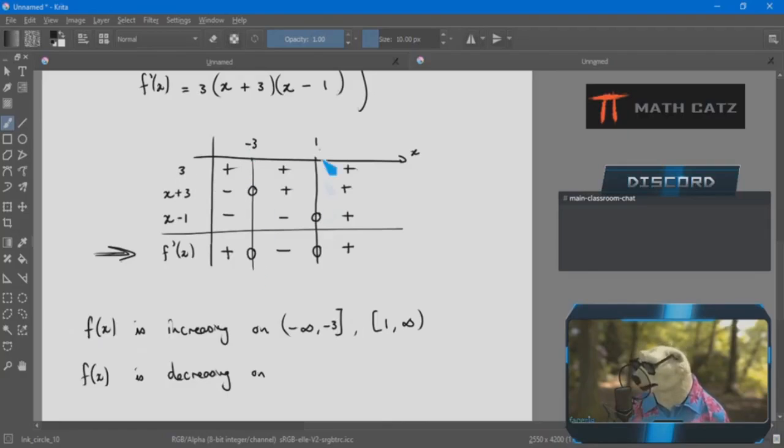So I have zeros on the lines because the derivative function, see here, is 0. So the table is done for the derivative, even though I'm using that information ultimately to make a statement about the original function. So I'm sort of temporarily looking at different things. And so I can conclude the original function is decreasing on -3 to 1.